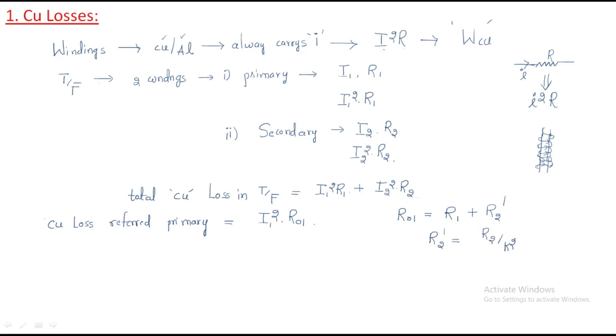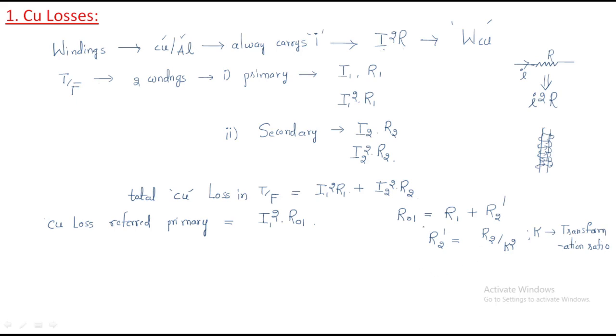What is K here? K is simply the transformation ratio. The transformation ratio represents the complete transformer: V2 by V1 equals E2 by E1 equals I1 by I2.